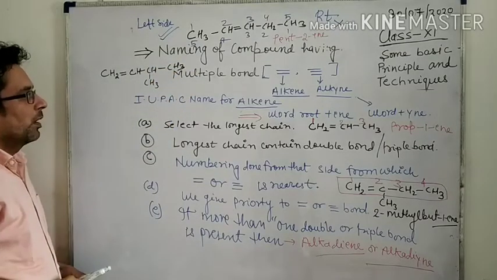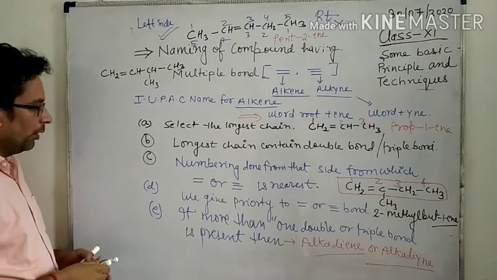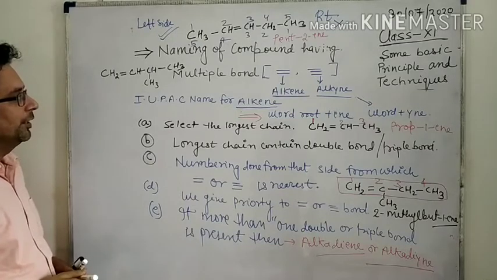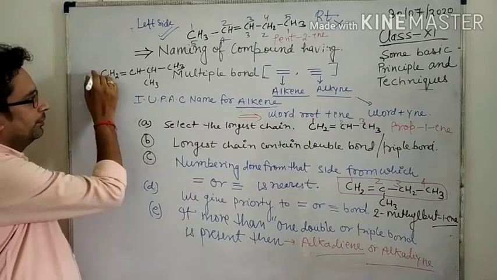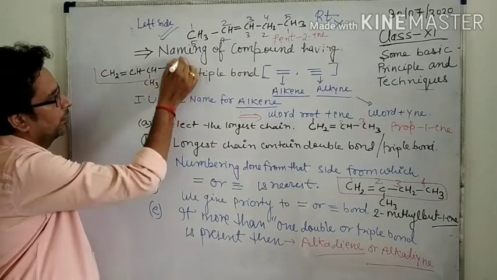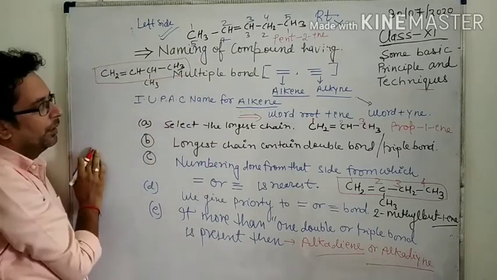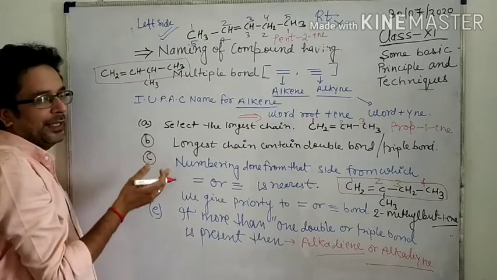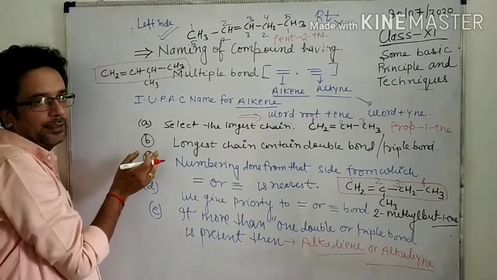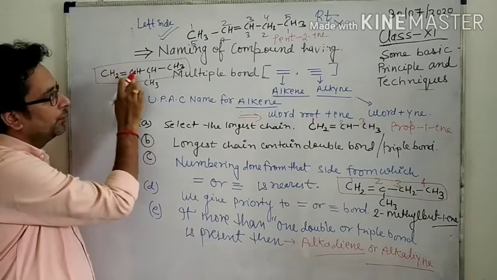Okay. Now look here, which one is the longest chain? This one is the longest chain, and we give the numbering from which side? Left side or right side? Okay, look here. 1, 2, 3, 4.